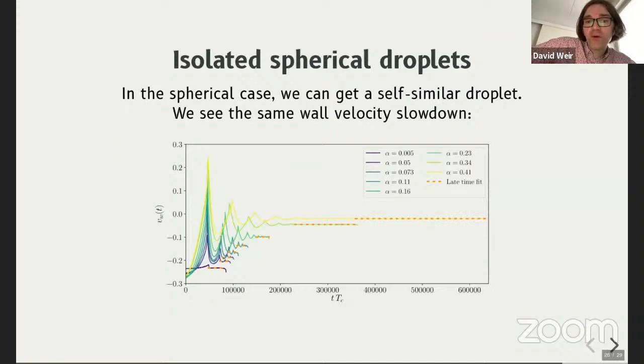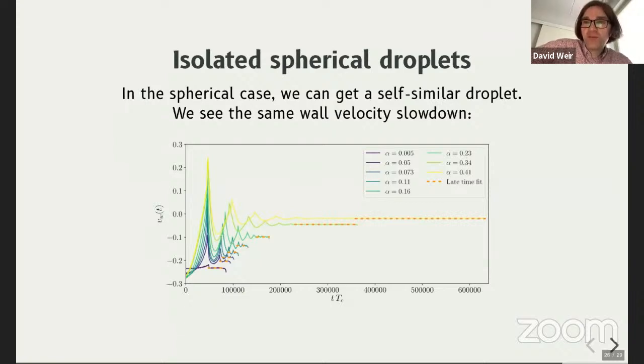This is what we had, and it is the slowest case in the previous page, where the wall velocity almost goes to zero, whereas the indigo one, the 0.005, which is even a bit weaker than the one we had before, the walls don't slow down at all; they just collide into the origin.